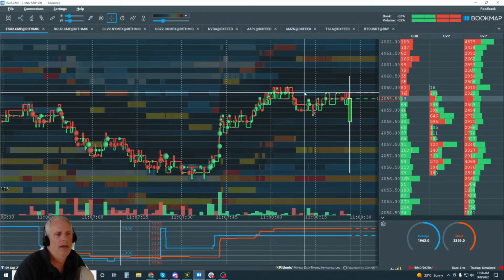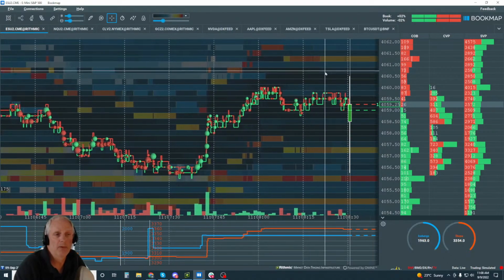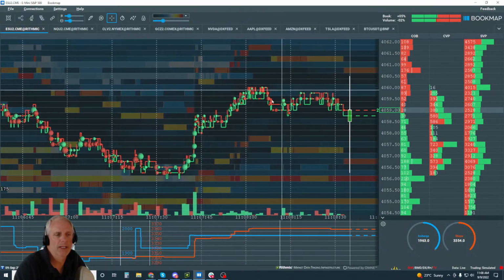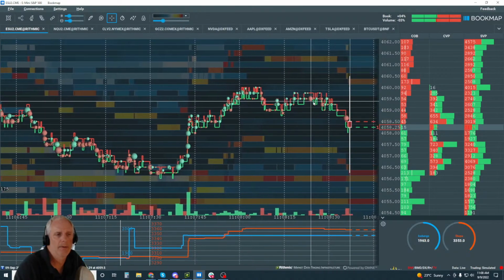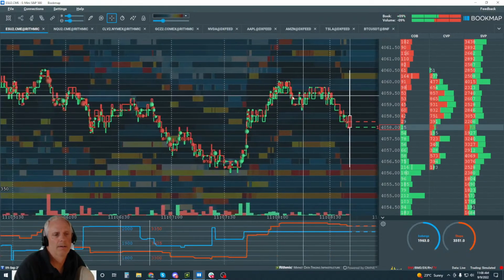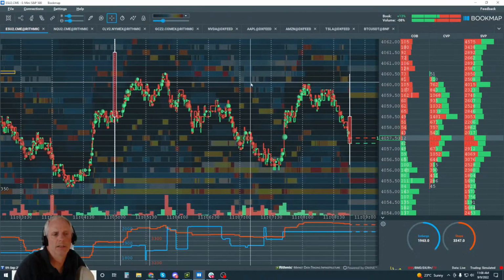Understand what's moving price, the orders that move price, and once you understand this, you can bring in your trading strategies. This is kind of a different education.